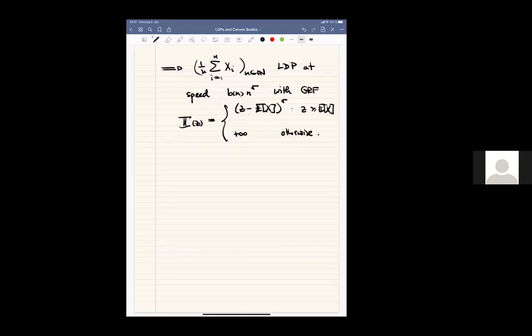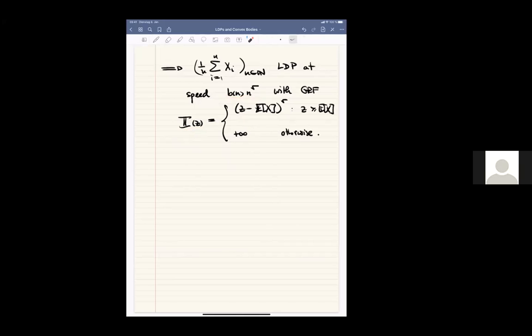So again, we get this non-convex rate function, but we get something. We get some rate, and we get a speed different from Cramer, what we had in the case q less than p.